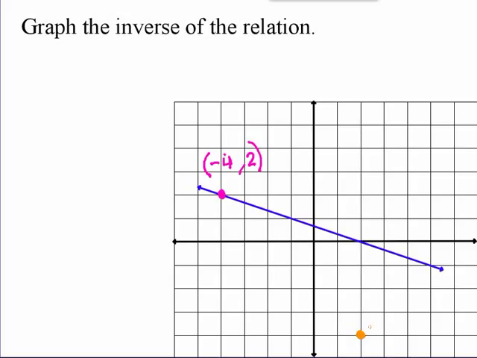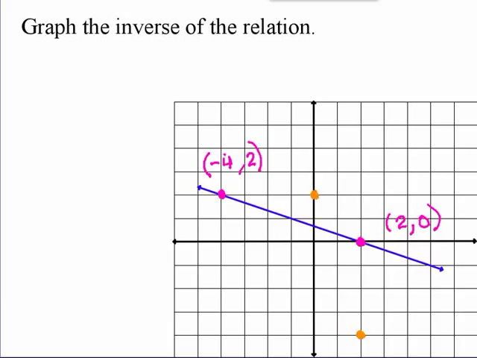Now I need to pick another point that the line goes through. What would be another point? The x-intercept. This one right here. And what are the coordinates of that point? 2, 0. So if the blue line goes through point 2, 0, what point would my inverse go through? 0, 2.